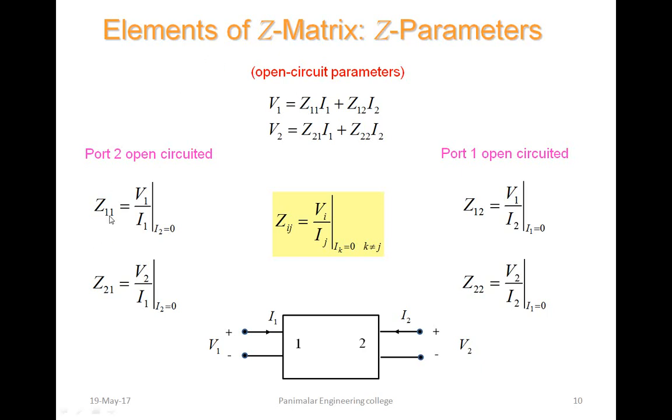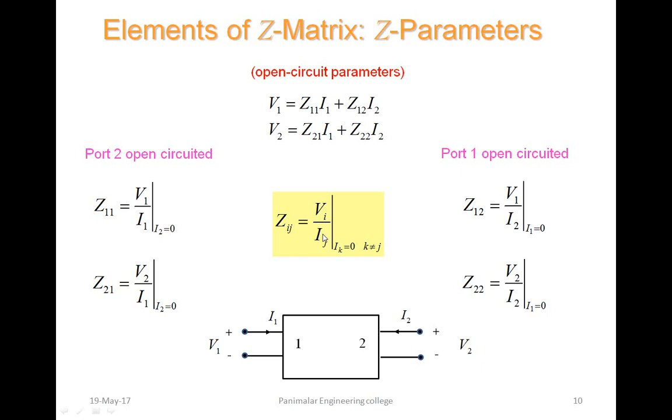Thereby, Z11, which is nothing but the impedance value at port 1, is written as the ratio of V1 by I1, with I2 equal to 0. How about the value of Z21? It is V2 by I1, assuming I2 is 0. Because the expression for Z is always taken as the ratio of V by I.